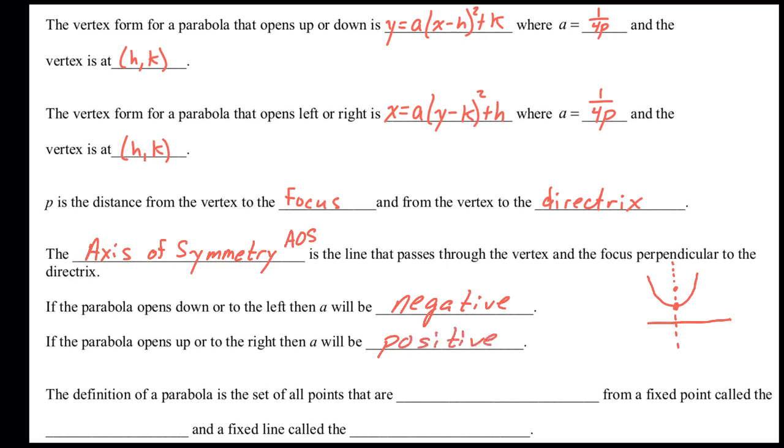And the definition of a parabola is that it is the set of all points that are equidistant from a fixed point called the focus and a fixed line called the directrix. Make sure you know that definition. You'll see that again. And we talked about that in the patty paper parabola.